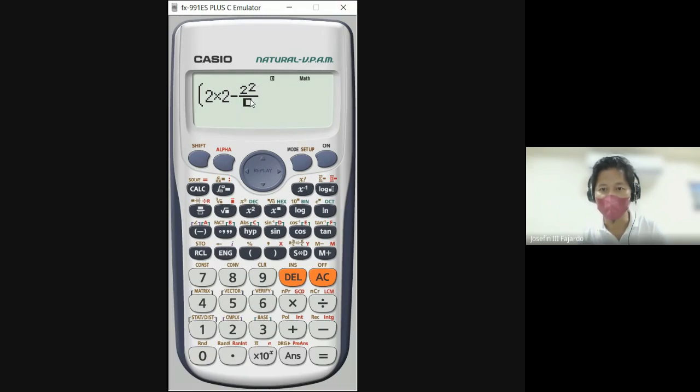And then we place in parentheses again, minus, parentheses ulit, of 2 times negative 1. Bigyan natin ng parentheses para maganda. Okay. And then minus, ulit, tapos we place in parentheses, negative 1 squared. Okay. Over 2. And then we place a close parenthesis.